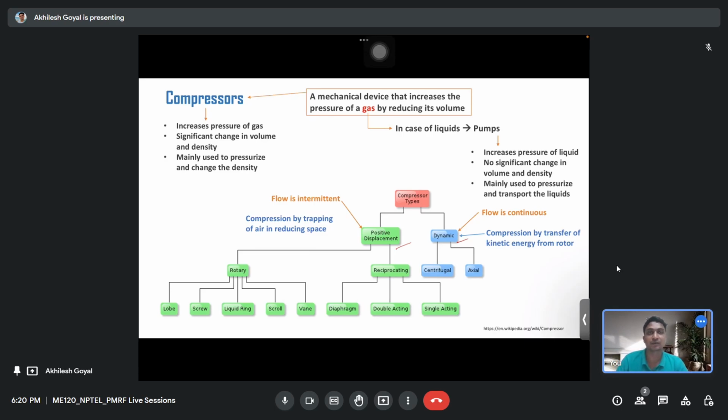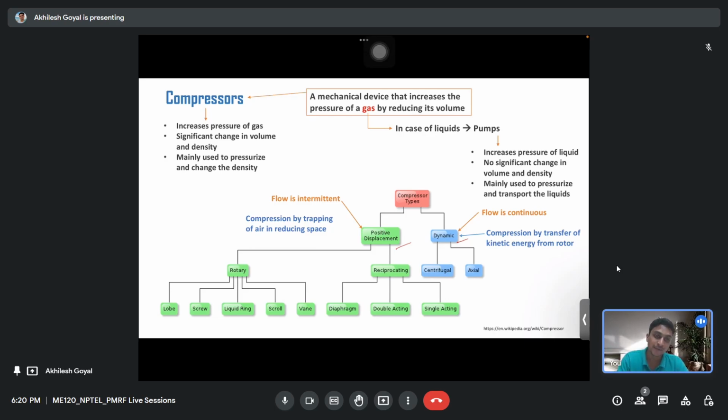If the fluid is on one side of the piston, it is single acting, but if the fluid is on both sides of the piston, that is called a double acting compressor. Similarly, there are diaphragm compressors, and rotary compressors as well. So the positive displacement compressors are divided into the rotary compressor and the reciprocating compressor. The principle of air compression in them is trapping the air in a reducing space.